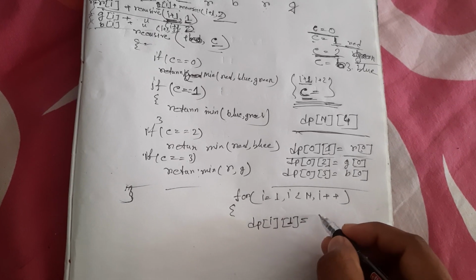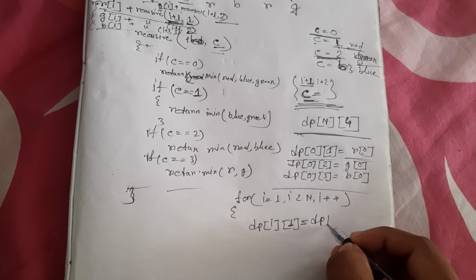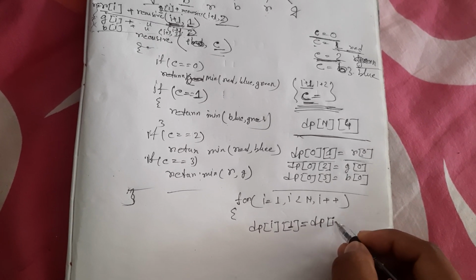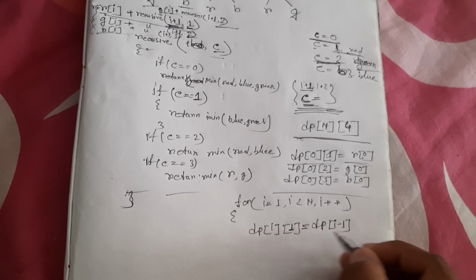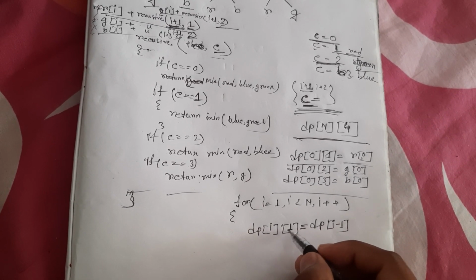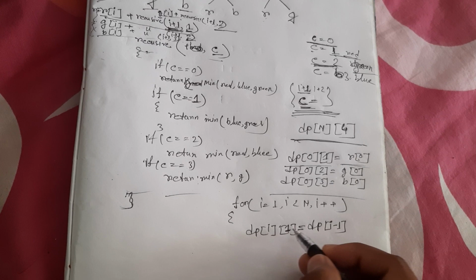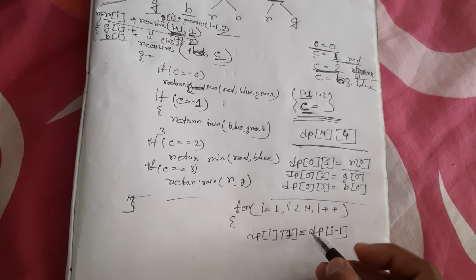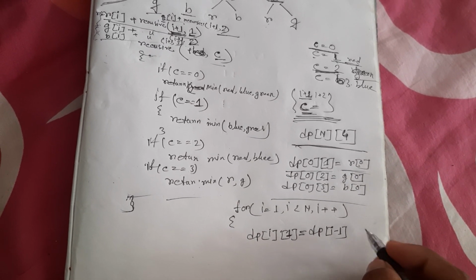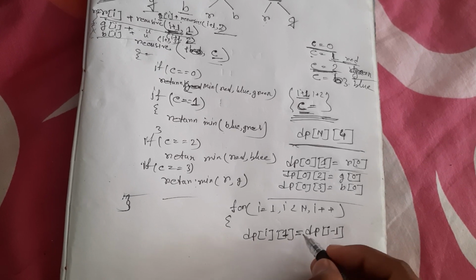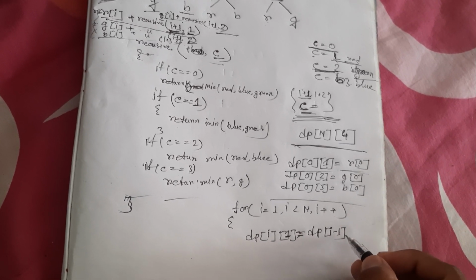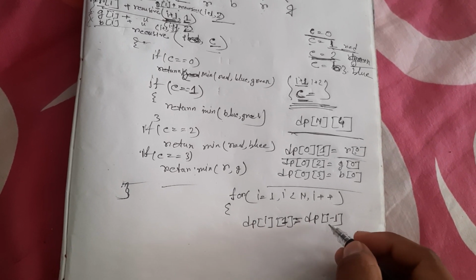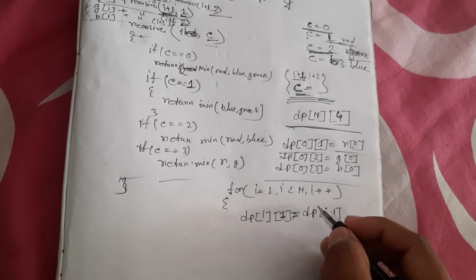So you need to consider the previous value, I minus 1, and as we are choosing red here, the previous value must be green or blue. So we will check the minimum value of green and blue previously occurred.